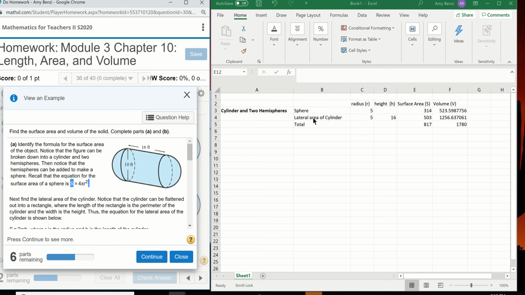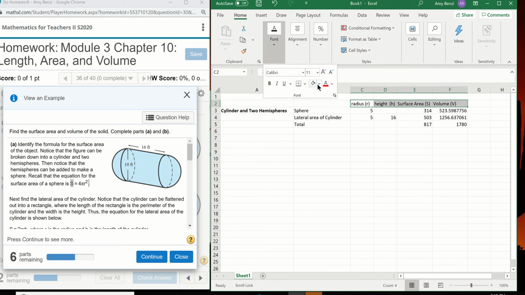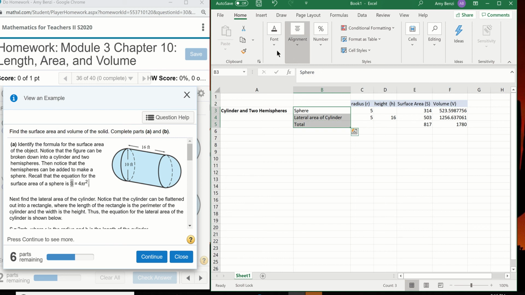All right, so my formula for the surface area of the sphere is right here. Let me just highlight these so you guys can see. I have it all typed in here, and you can see that it does match the formula in the example: 4 times pi times the radius squared.